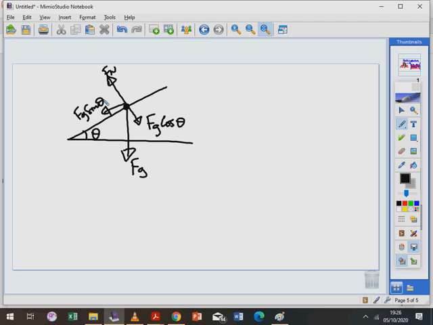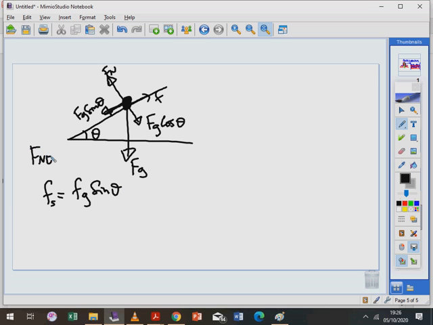So on an incline like this, remember the normal force is Fg cos theta. If this object is resting on this incline and there is a friction force, then the static friction force is going to be equal to Fg sine theta, because that's the equation for the net force.